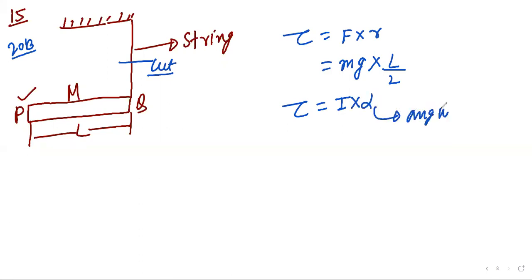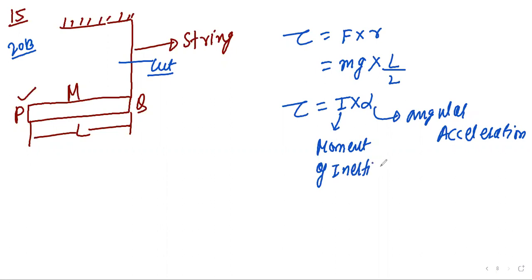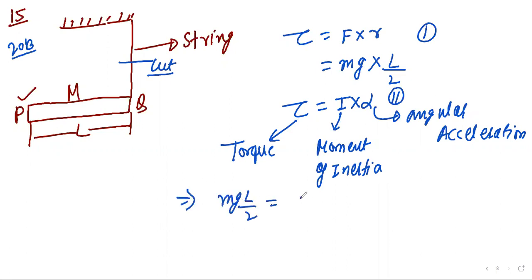Alpha is your angular acceleration. I is moment of inertia. This is the symbol for torque. Right. So please balance these two, equation 1 and 2, then you will get mg L by 2 is equal to I into alpha. Right. So this is the relation you have got.